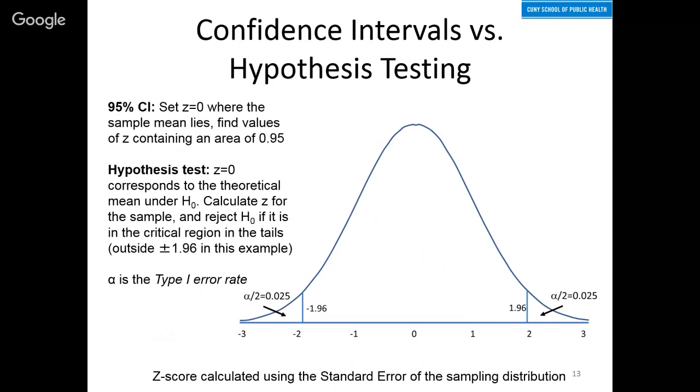But the basic logic is this: if you set a 95% confidence interval around your best guess, and your null hypothesis lies outside of that confidence interval, then you would reject the null hypothesis and accept an alternative hypothesis because your data, your observations are inconsistent with that null hypothesis.